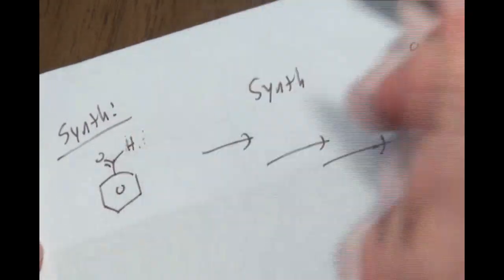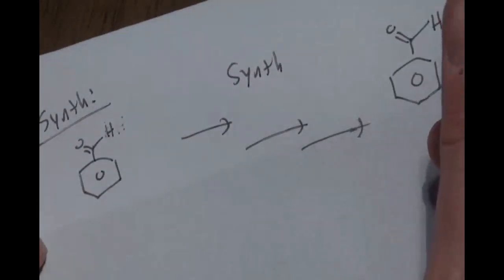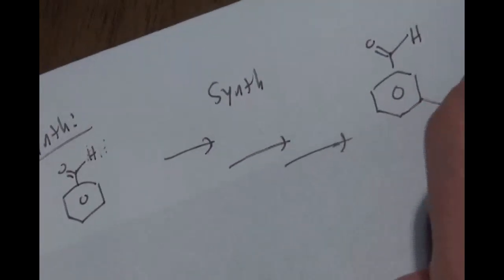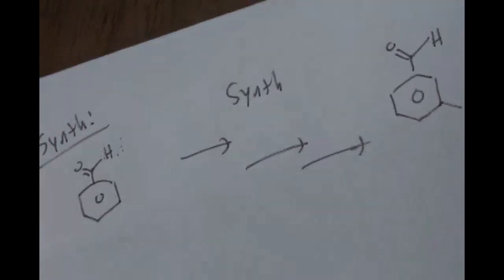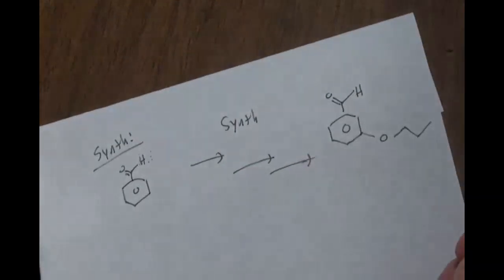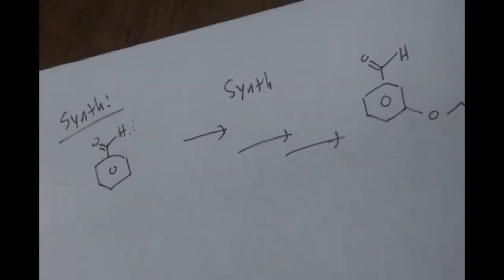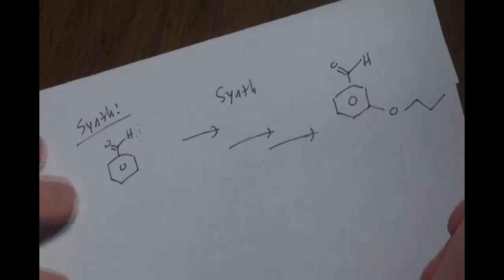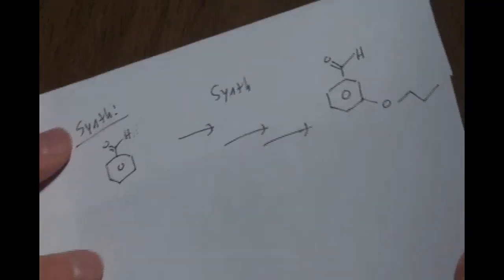Make it an aldehyde. Okay, and we will have maybe as our final product that. So we're attaching a propyl ether, right? There's no easy way to do this. This is going to be a multi-step synthesis, okay?